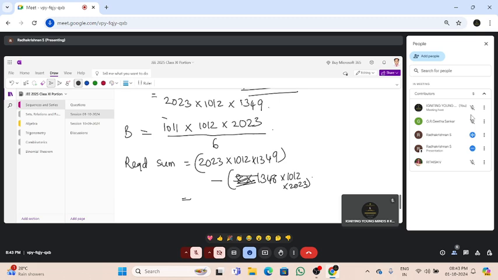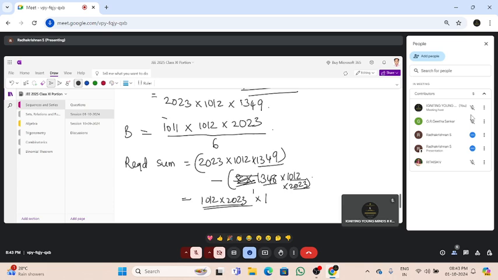Okay, so what next? Take the common terms. 1012 and 2023 are common. 1012 into 2023 into, now 1349 minus 1348 comes, so it is into 1. So it is simply this, right?